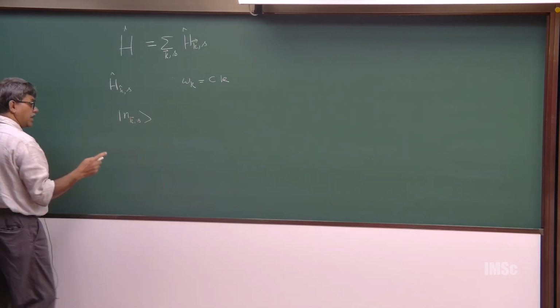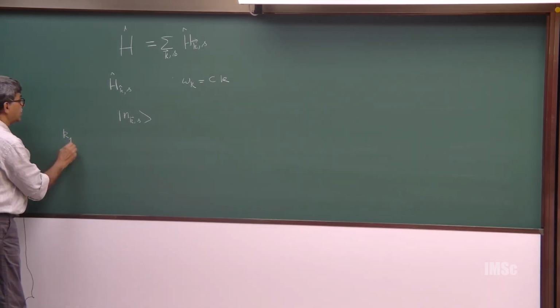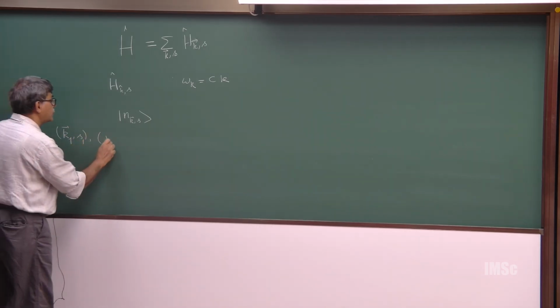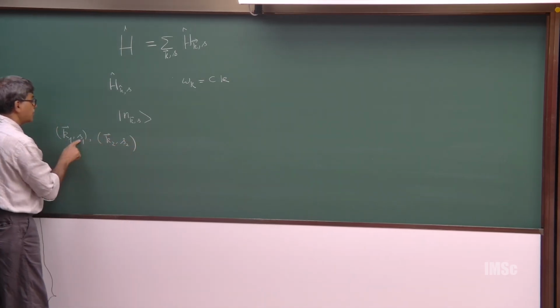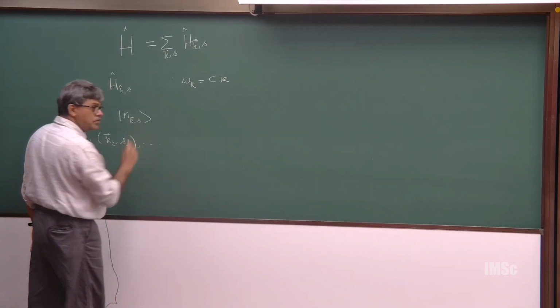Let me enumerate them. Let us say I call it k 1 s 1, this is the first mode, then the second mode k 2 s 2, this corresponds to the polarization 2 degrees of freedom, so on and so forth.